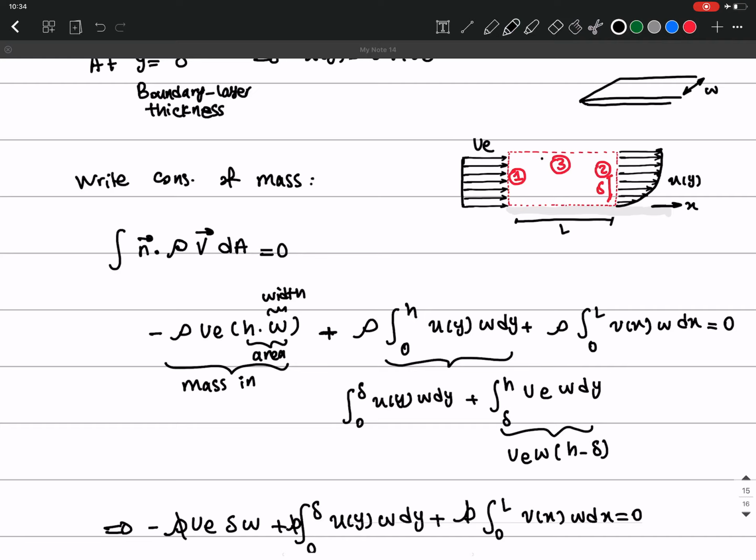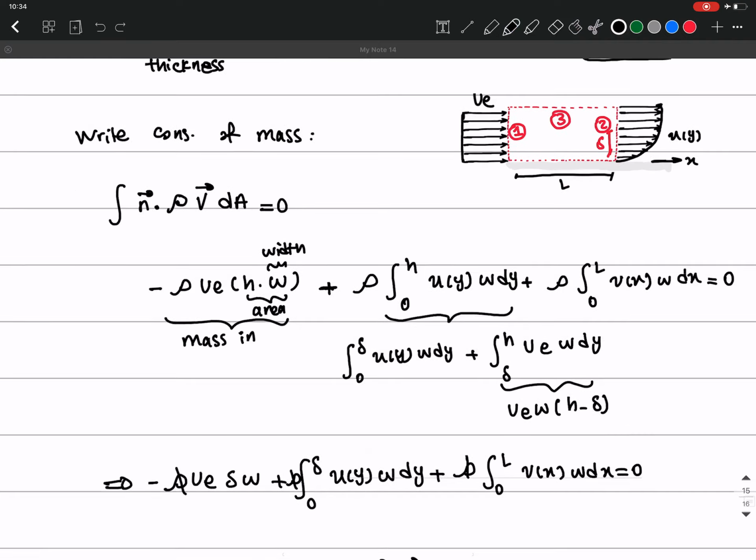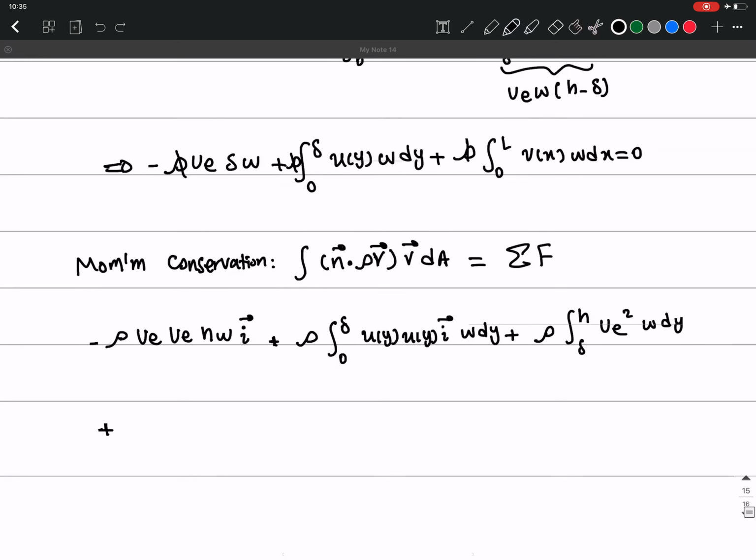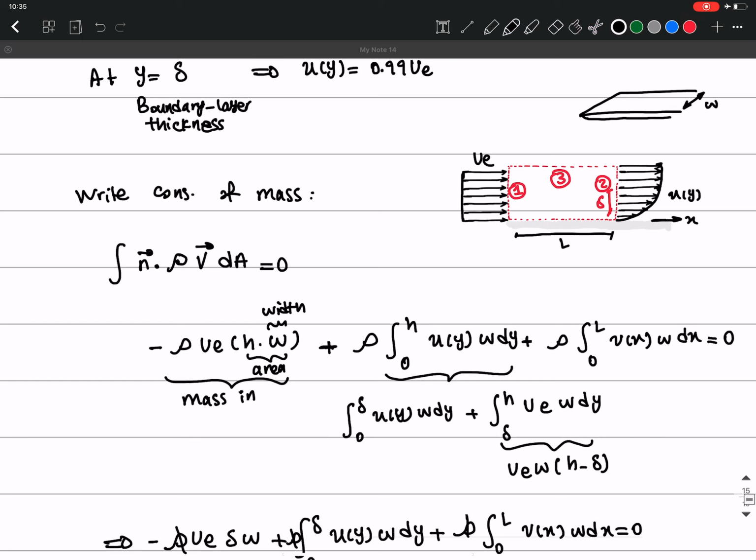for this part, for section 3, I also need to write it down. So this is going out. So this one you need to be careful. So we have 0 to L, okay? So the first one is n dot rho v. So what is going to be n dot rho v? N here is up.